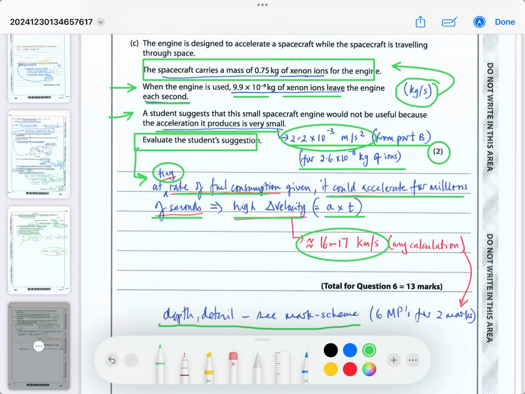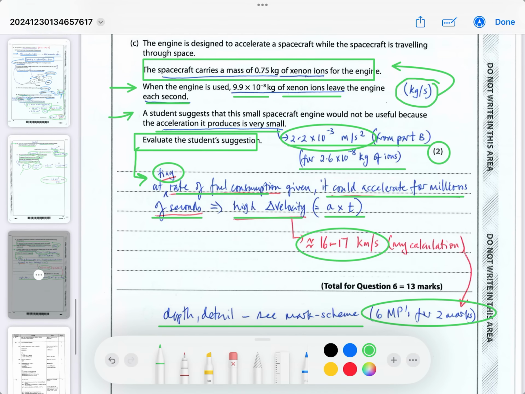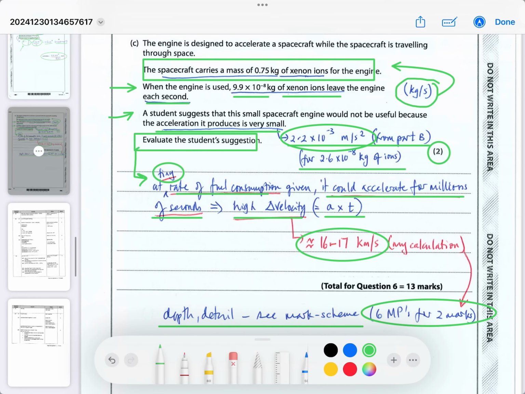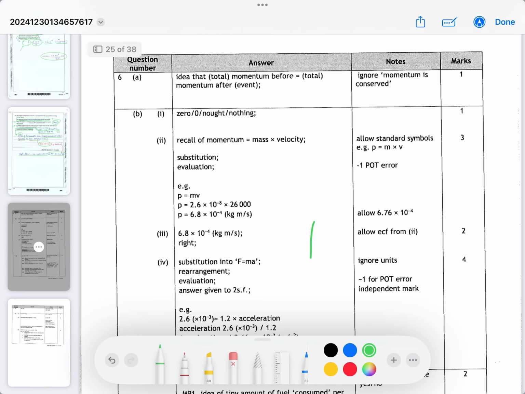Let's have a look at the mark scheme, because what they have is 6 marking points for these 2 marks. So they probably looked at alternatives that students were providing, and they saw that there are many ways of explaining this. Oh dear, I'm on the pen mode.